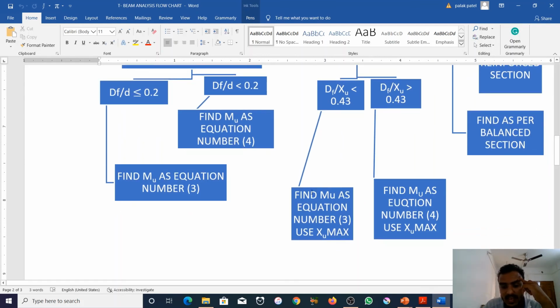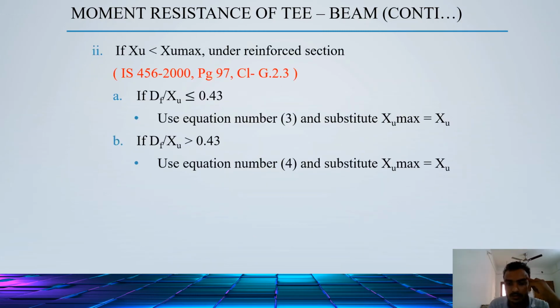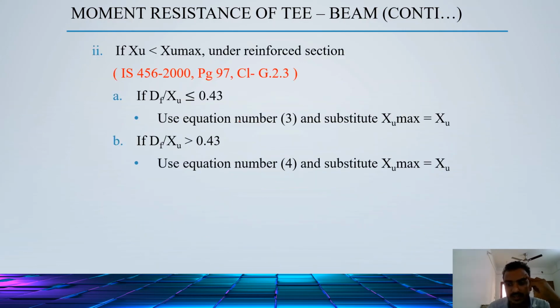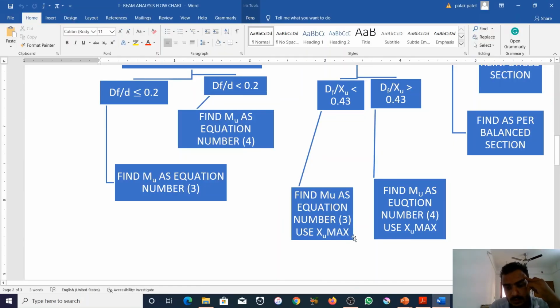Then for Mu use equation number 3 with Xu max. There you can see Xu max. You have to write down Xu. Simple, the third equation we have to follow, but Xu is equal to Xu max.